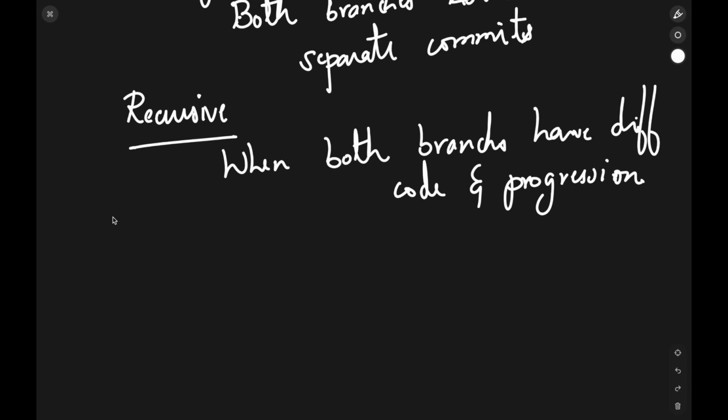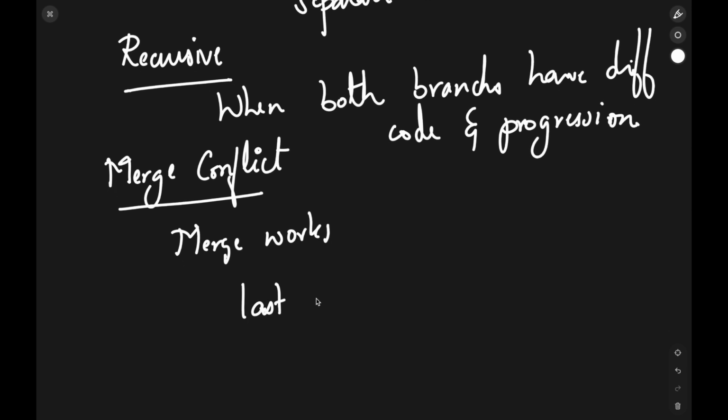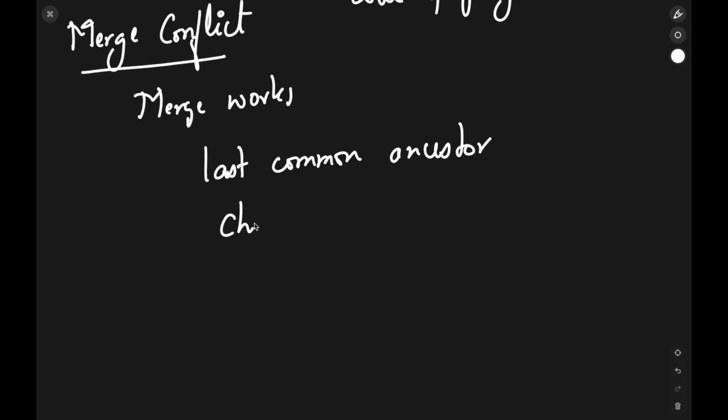Before that, let's analyze how a merge works. When you give a merge command to Git, before merging, Git checks for the last common ancestor before branching and checks both versions of the branches and checks if different parts are modified or not.